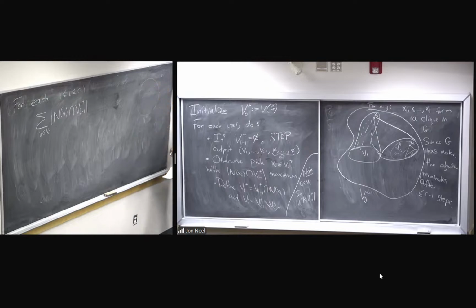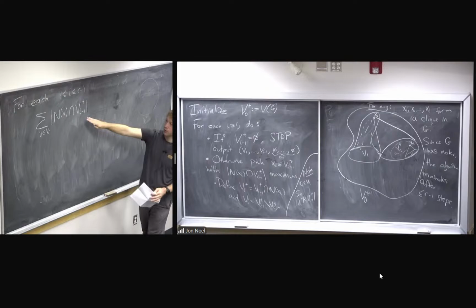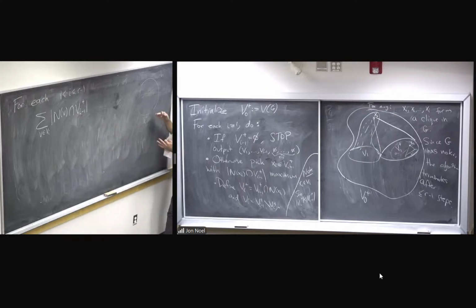If we think of this as the whole universe at this point, it is just V_{i-1} plus, which at the beginning of the algorithm, if i is 1, would just be the whole graph. But now this is the stuff that's not processed so far.